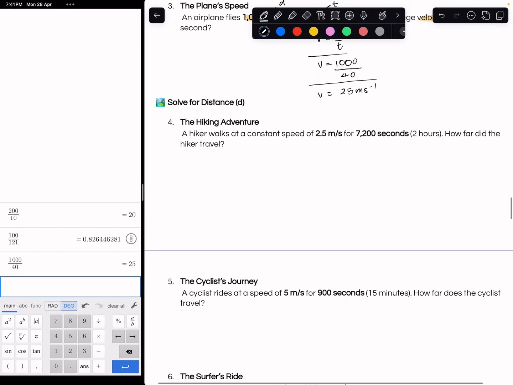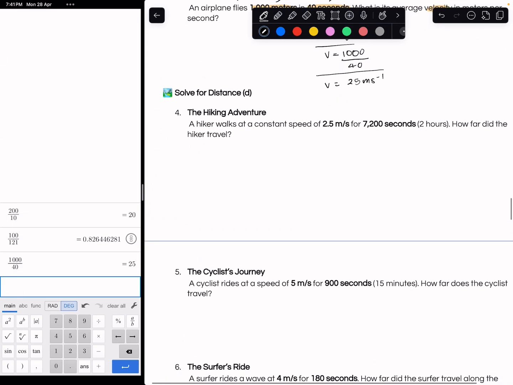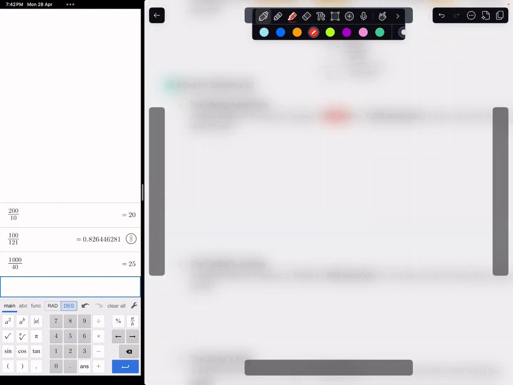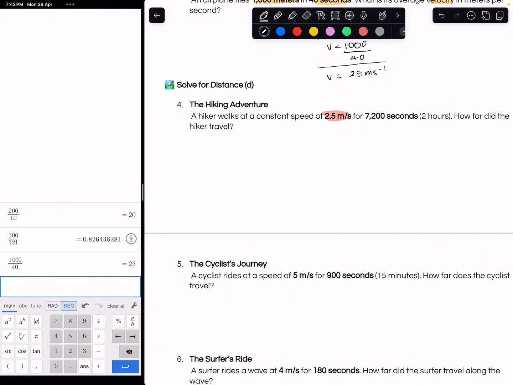Right. Now we're on to the next part. This time we're solving for distance, okay? So let's go ahead and read the question and see what we've got. The hiking adventure. A hiker walks at a constant speed of 2.5 meters per second. Ooh, what's that value? If it's in meters per second, we know it's velocity that we've been given.